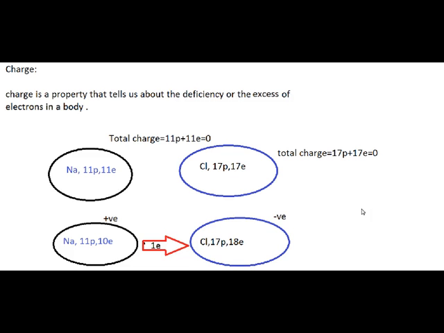So here we can estimate the value of charge: at sodium, 11 protons and 10 electrons, therefore the total charge would not be equal to 0, and hence the total charge would be positive. And chlorine, 17 protons and 18 electrons, so the total charge would not be equal to 0 and it would have negative charge.